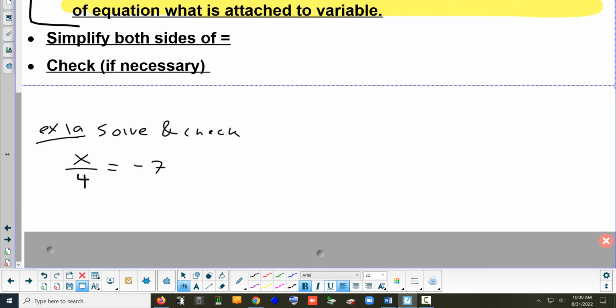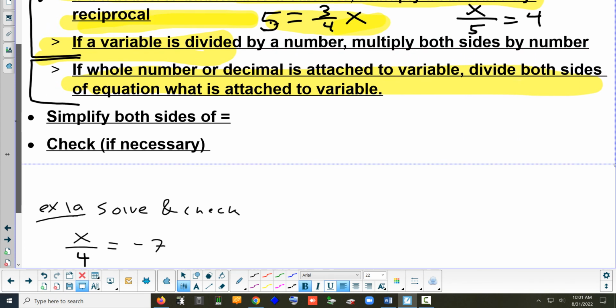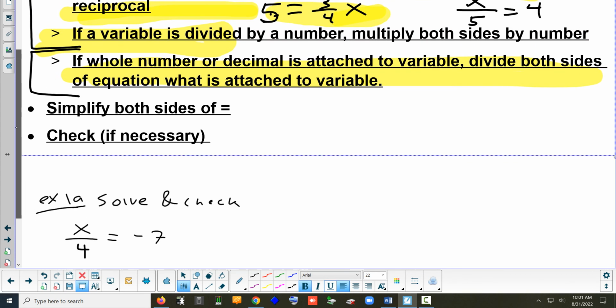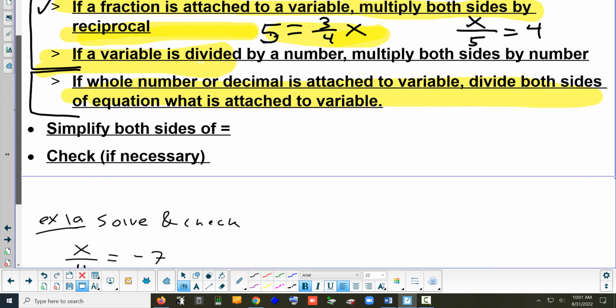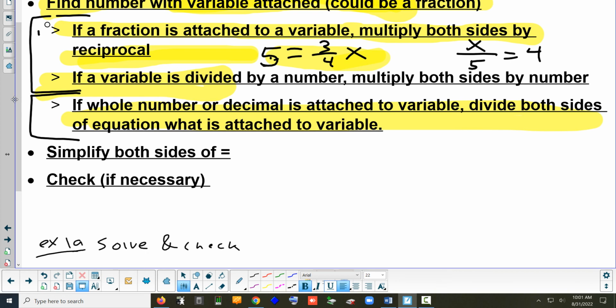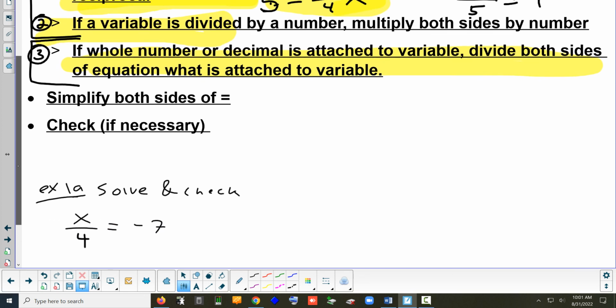It says x divided by 4 equals -7. So go back up and look at what's highlighted in yellow. And which one, if I numbered these like different cases, case 1, 2, and 3, does anybody see which case this one is?